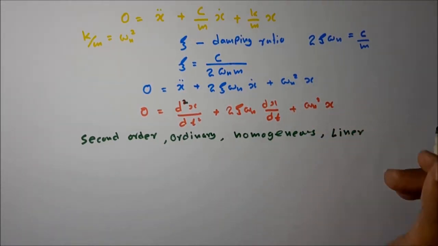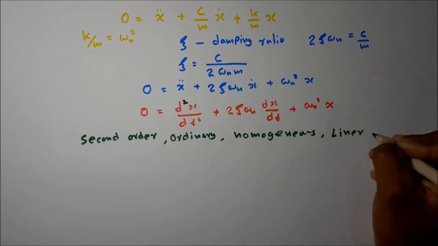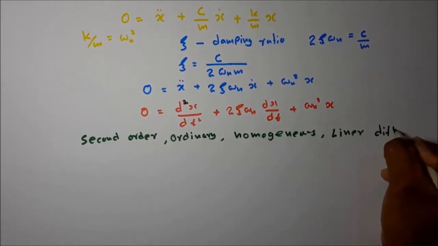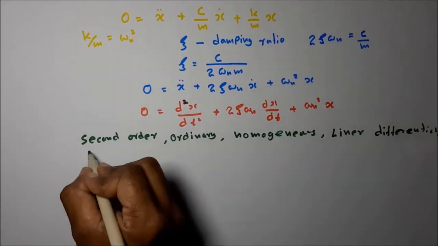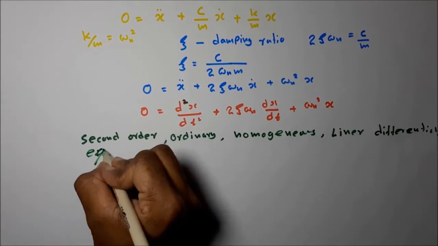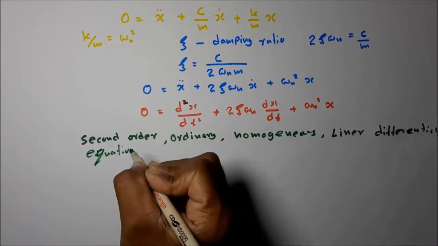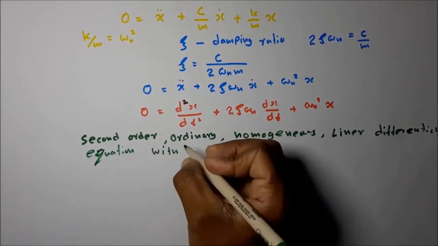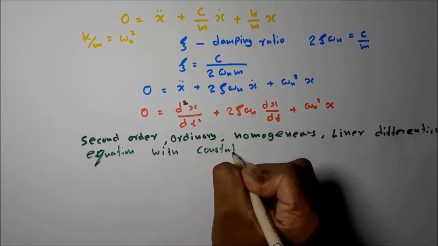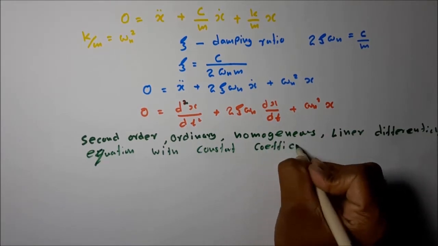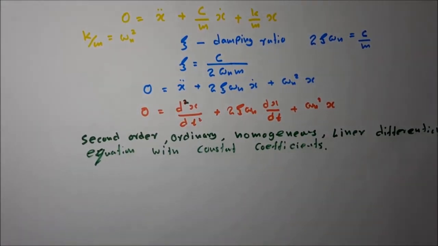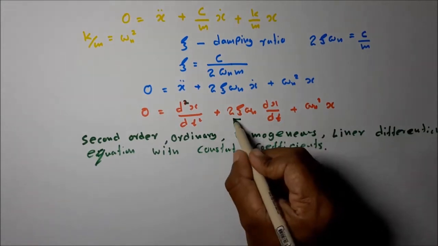That's why it's called linear. It is an equation with constant coefficients. So, a second order ordinary homogeneous linear differential equation with constant coefficients, because you can see all these are constant coefficients.